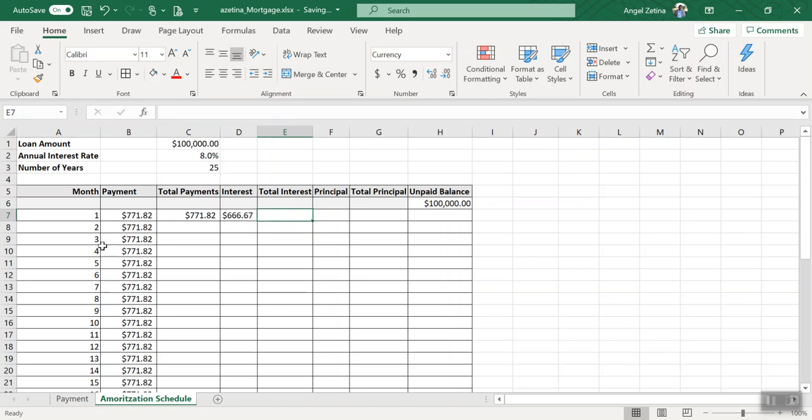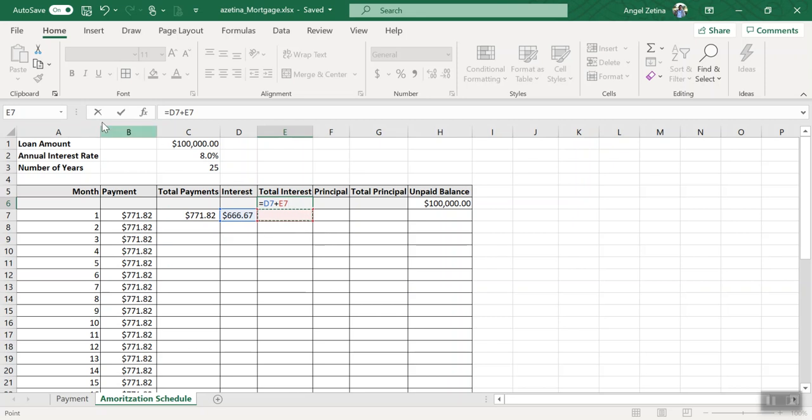The total interest is a similar concept to the total payment. So up to the second period, how much would you have paid in terms of interest? So that's generally the concept, right? So equals the interest plus the interest at that particular point in time.